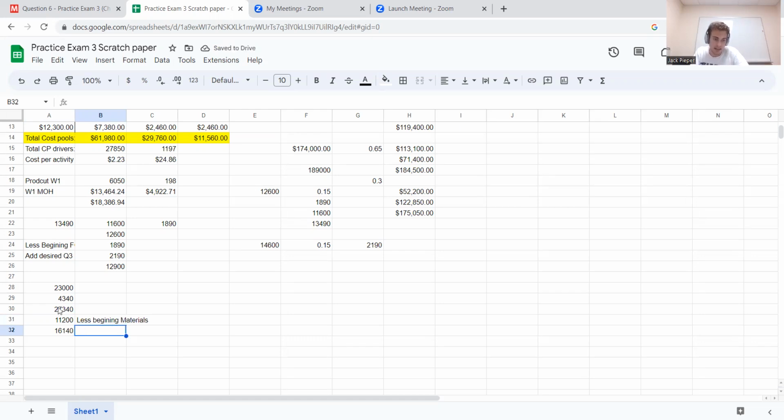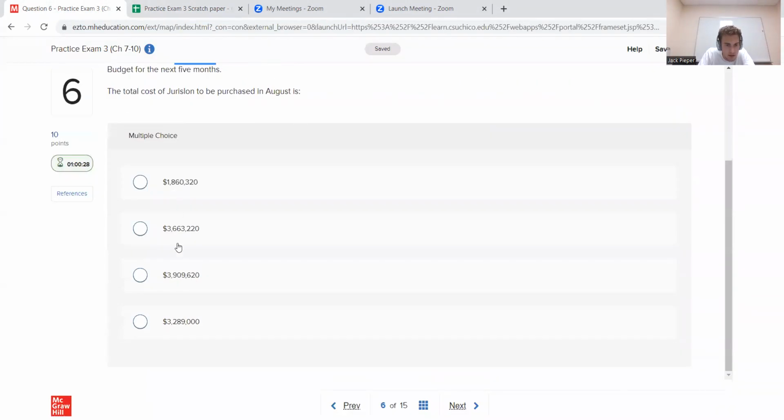Okay. So we did this minus this to get that, and then we can multiply by our standard cost, right, for $22 per kilogram. That's in dollars. So then we'll do that times that. All right.